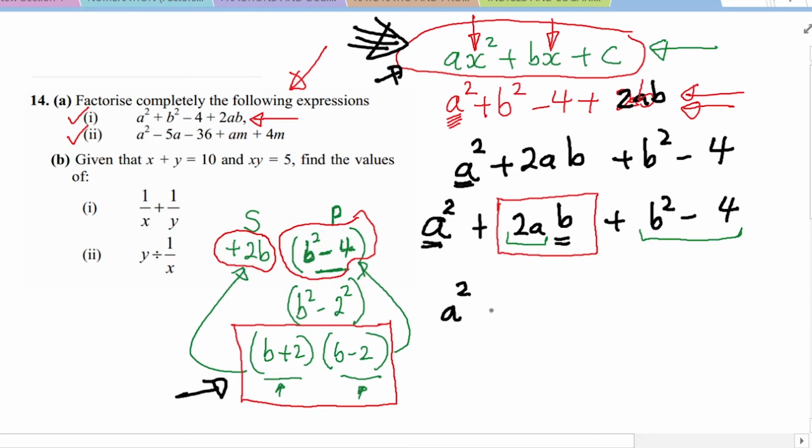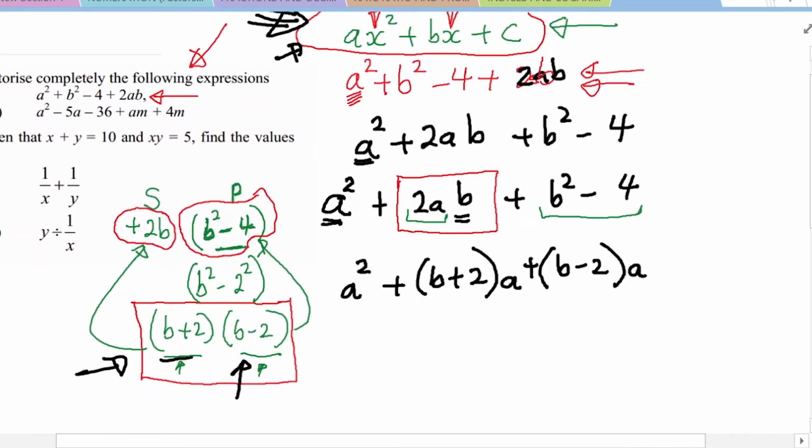So it's going to become a squared plus b plus 2, that's the first root. So it's going to be b plus 2a. Remember, our a is like the x. Then the second one is going to be plus b minus 2a.